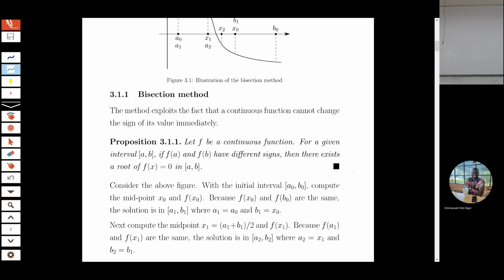We assume that f is a continuous function.